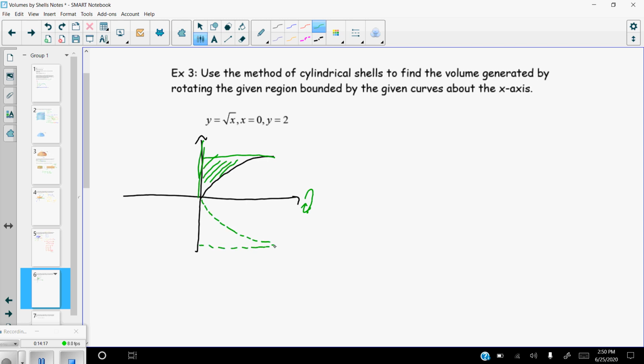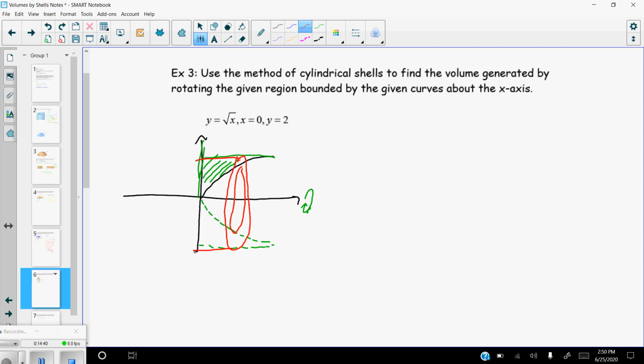So in this case, our cylindrical shells are actually going to go this way, hollowed out there. That's going to make the problem just a little bit more interesting. Now this actually has to be in terms of y instead.